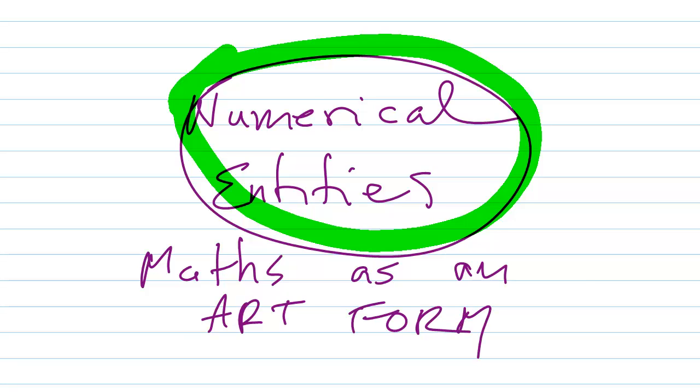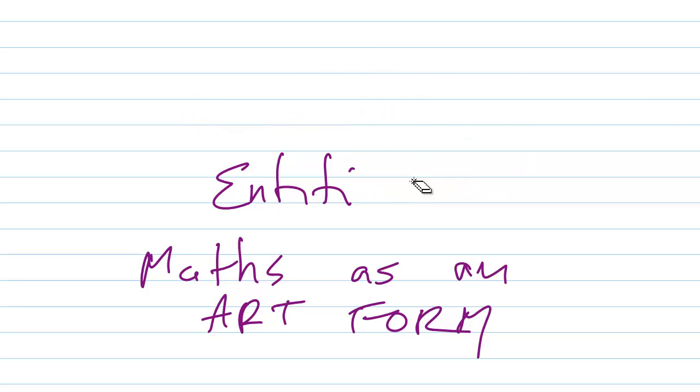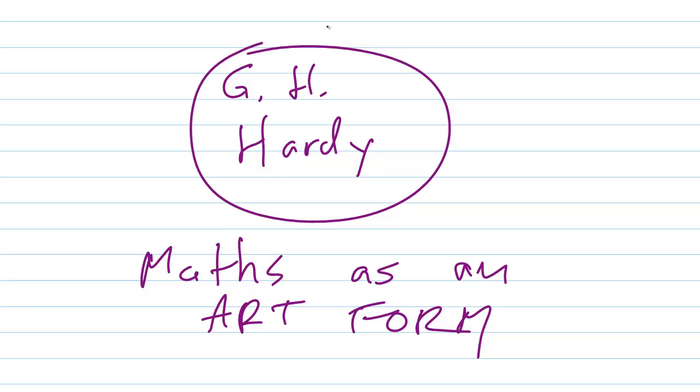Much the same way as someone I greatly admire to this day. I would have aspired to be like him, but I just didn't have the academic gall to do it. G.H. Hardy, who lived about 100 years ago, a pure mathematician out of England.